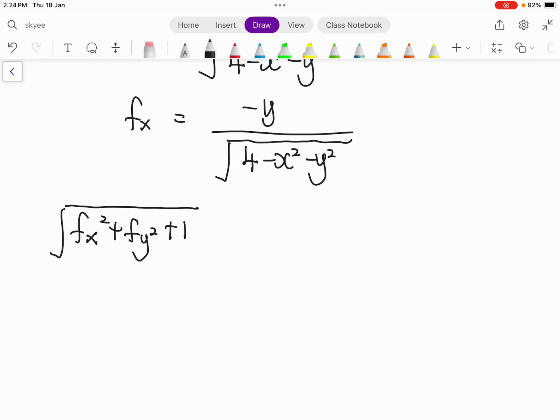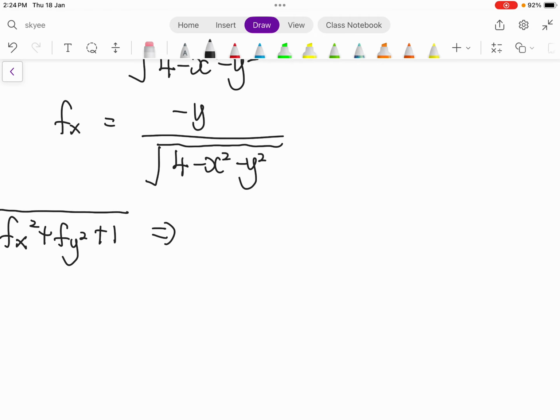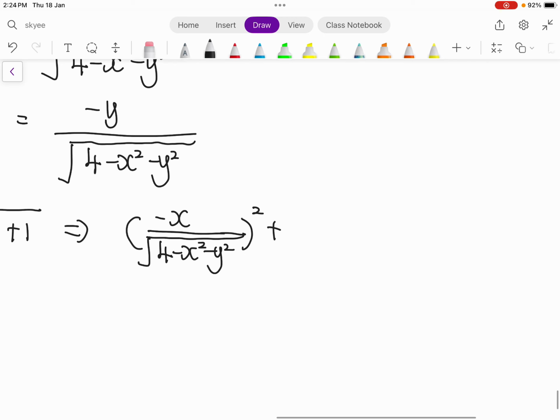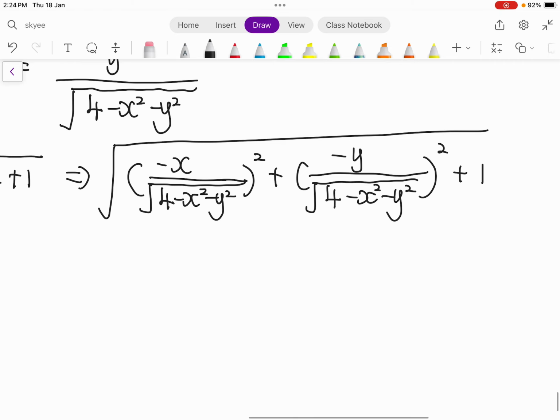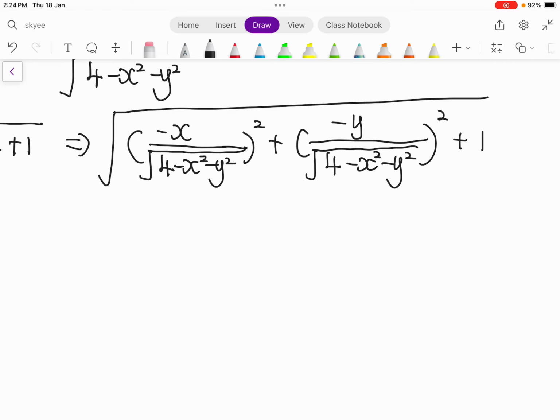So it will be negative x over the square root of 4 minus x squared minus y squared, the whole thing squared, plus negative y over the square root of 4 minus x squared minus y squared, squared, plus 1, and the big square root outside. Let's simplify this first before we replace it into the double integral.